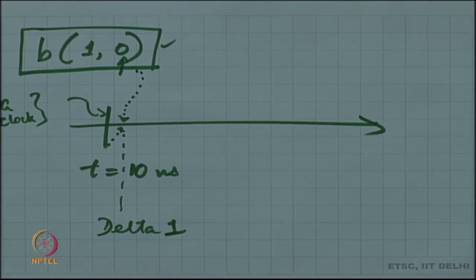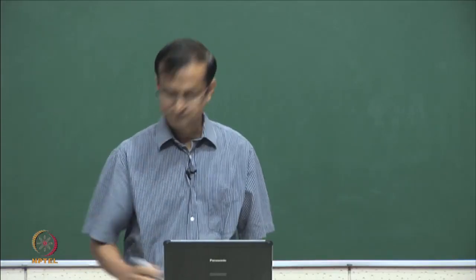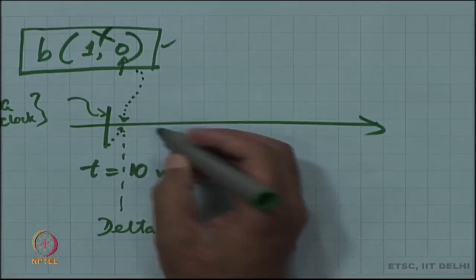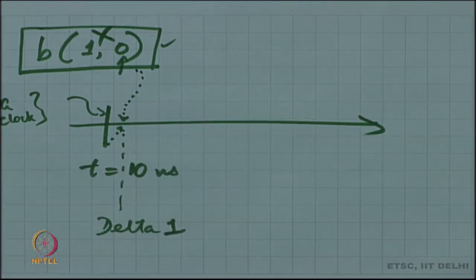Because of that the value of B changes. Because the value of B changes, these other two statements assigning to C and D will actually be evaluated, without time being forwarded. In the process, two more transactions will be entered here.